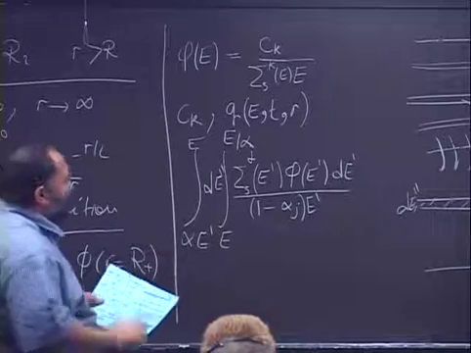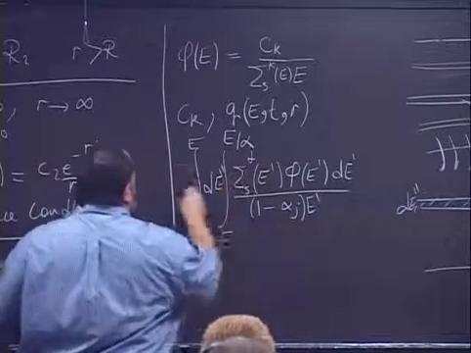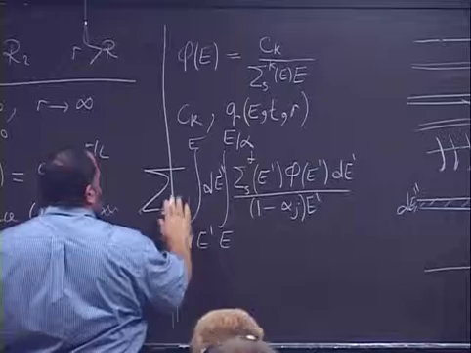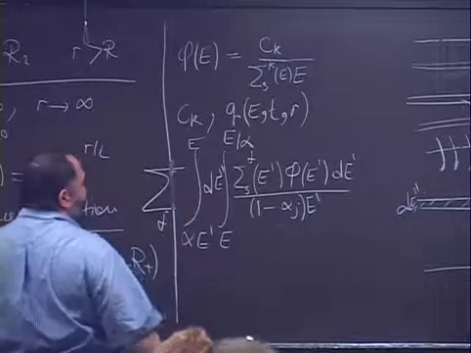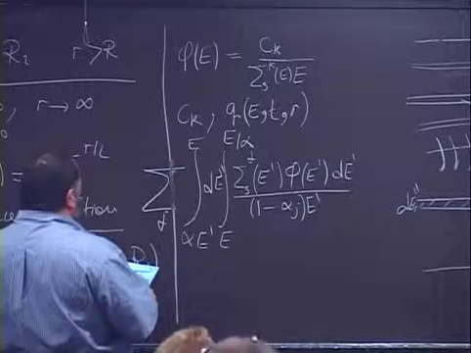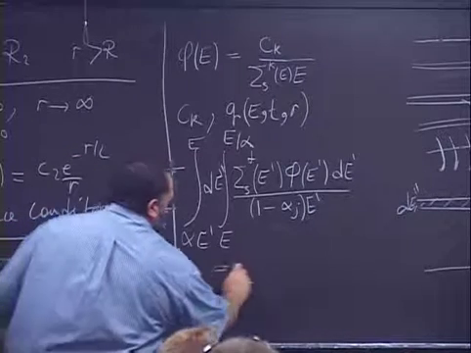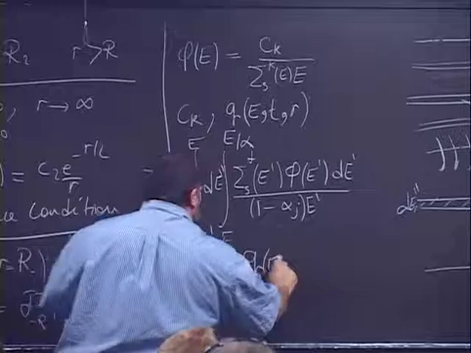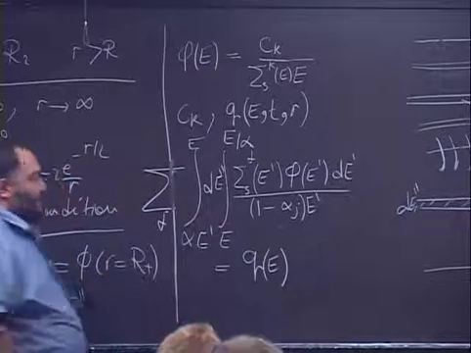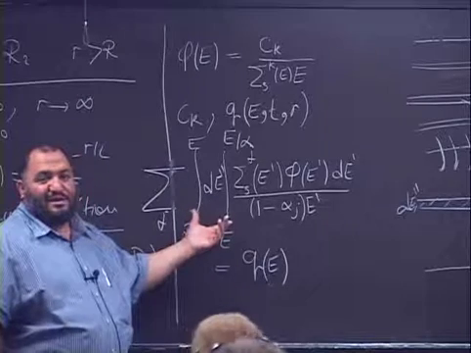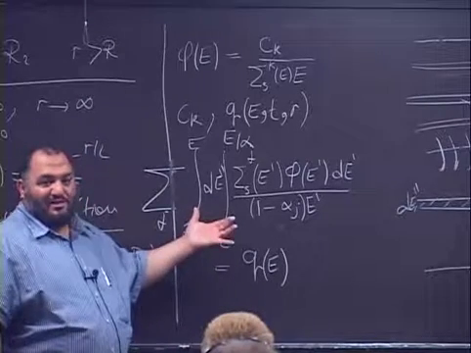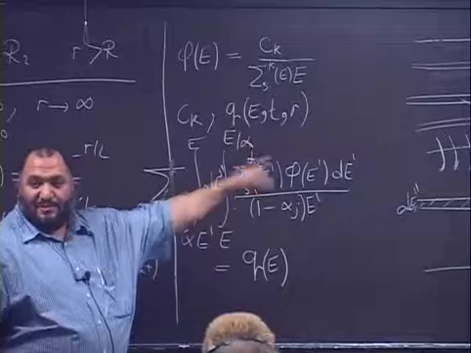Okay? But this is just for one isotope, so I have to take the summation over all isotopes, J. Okay, guys? And this will give me Q of E. So if you see this in Stacy, do not panic. This is the explanation here.